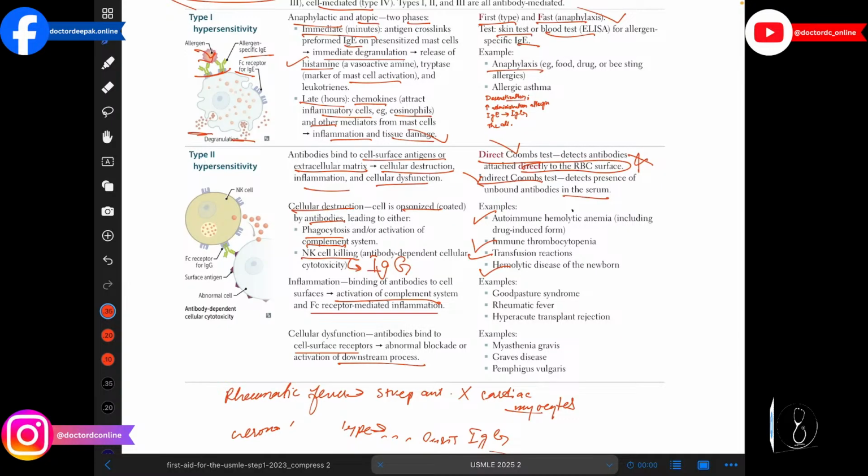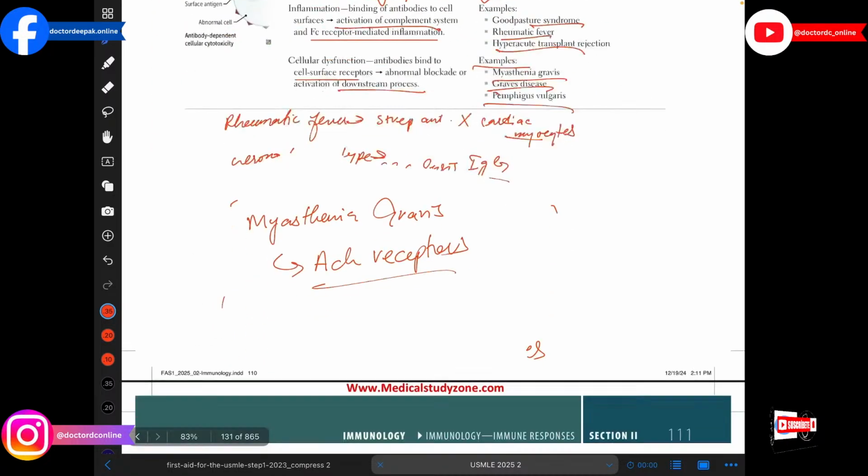Some examples also include Goodpasture syndrome, with nephritic syndrome, pulmonary hemorrhage, and type 4 collagen antibodies; rheumatic fever, with strep antibodies cross-reacting with cardiac myocytes; and hyperacute transplant rejection, also in type 2 hypersensitivity. Other examples are myasthenia gravis, with antibodies against acetylcholine receptors, Graves' disease, and pemphigus vulgaris, in which there is antibody against desmosomes in the epidermis.